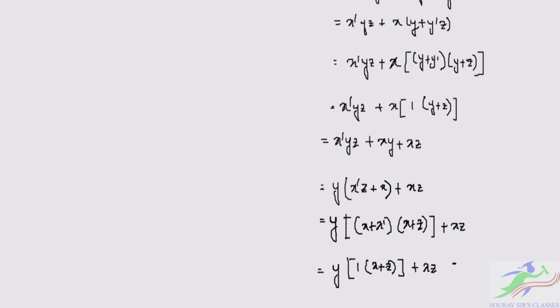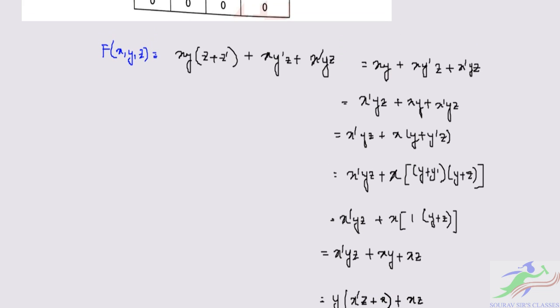This will be equal to xy plus yz plus zx. So that is the simplified expression. f of x, y, z is equal to xy plus yz plus zx.